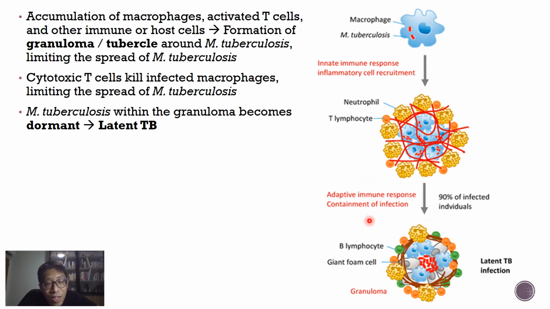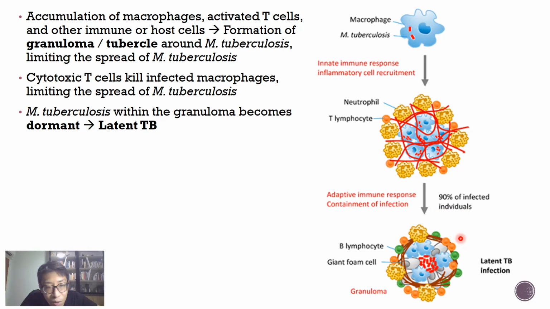What the granuloma or tubercle does is it blocks, it contains the bacteria from spreading to other parts of the lungs. So all the bacteria are contained via this physical blocking by the immune cells within this granuloma.